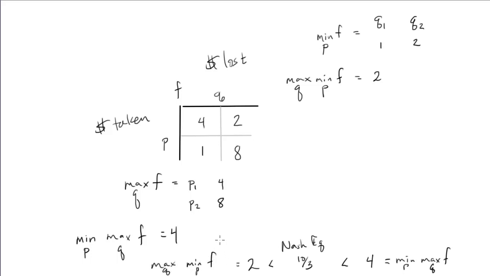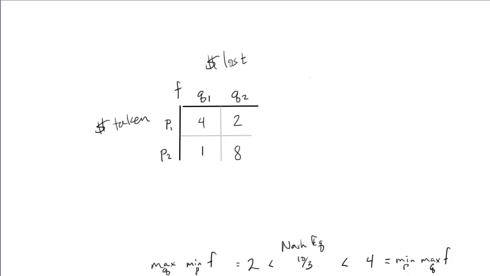Let's rename our probabilities. So we'll set up four vectors and redo the thing using the Nash equilibrium model. Instead of minimizing over P, we look at the expected payoffs with our Q choices.